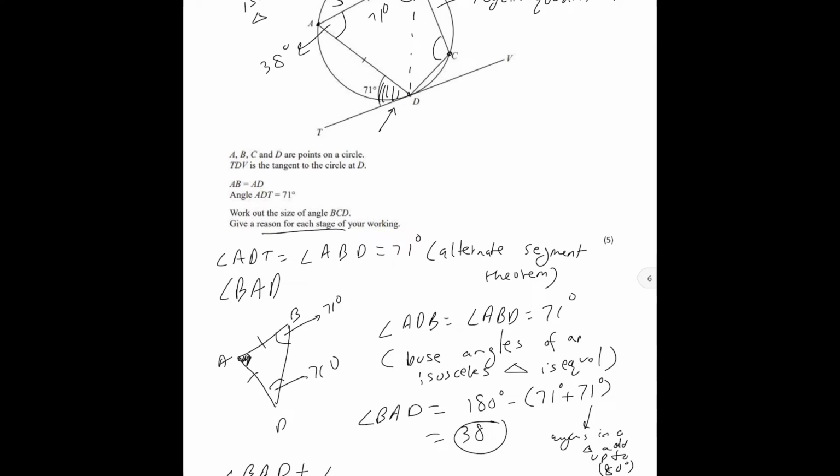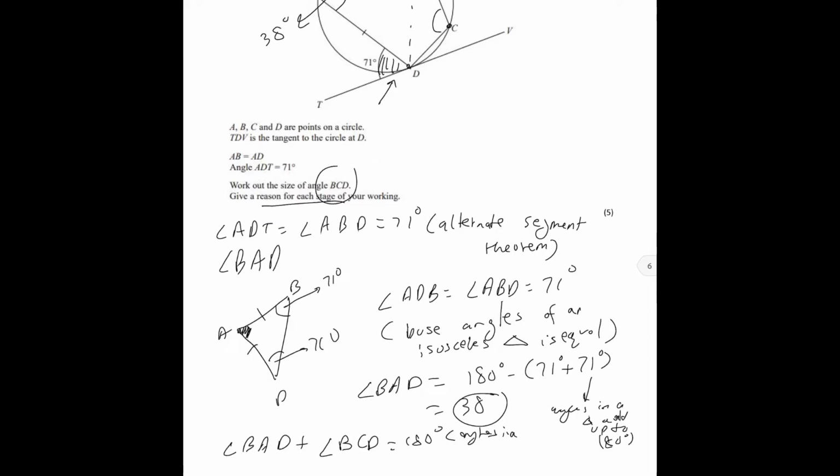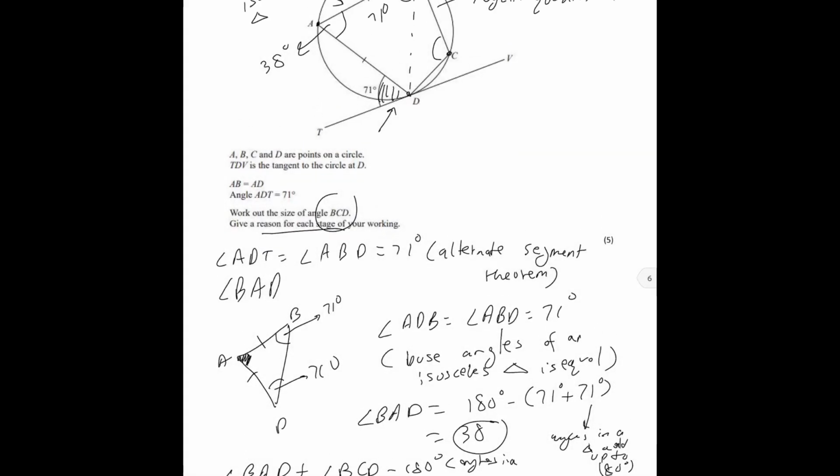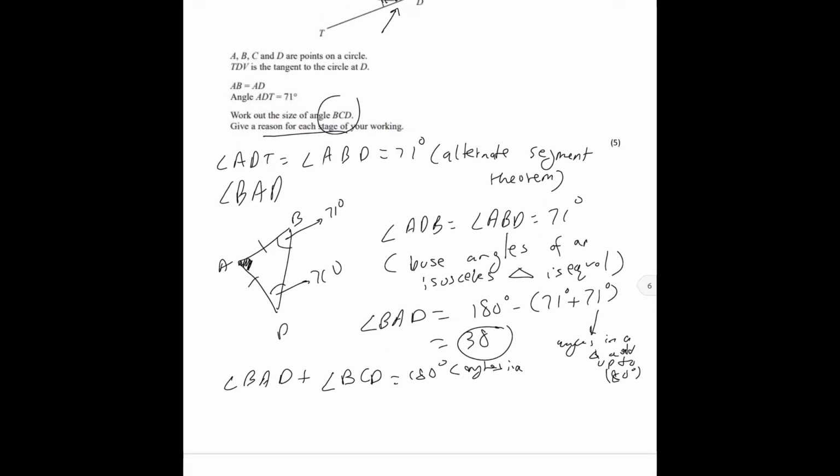Now what we can do is angle BAD plus the angle that we want to find, BCD, is equal to 180 degrees. The reason is because the angles in a cyclic quadrilateral, let's write that clearly, because that statement is most important: the opposite angles in a cyclic quadrilateral add up to 180 degrees.